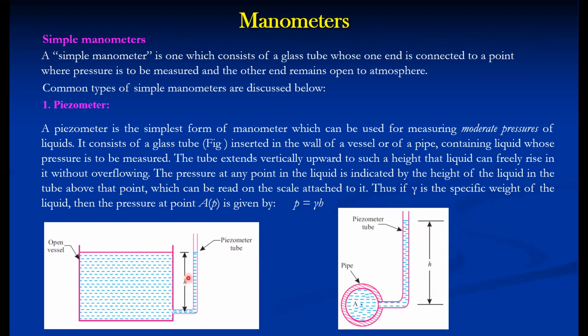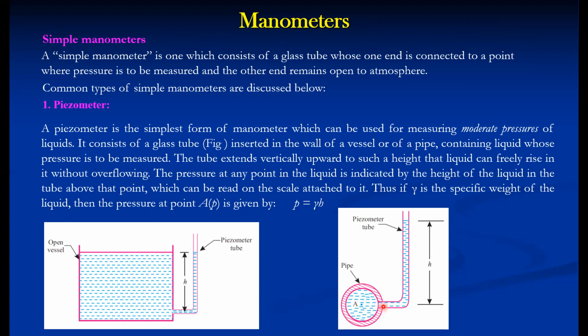But this H value is not called only height. So this is called a pressure head. So don't get confused between pressure head and only height. This is the height of liquid column. But while expressing the unit of this H, it is meter of this liquid. Suppose in this particular vessel, if it is water, so this H is measured in meter of water column.